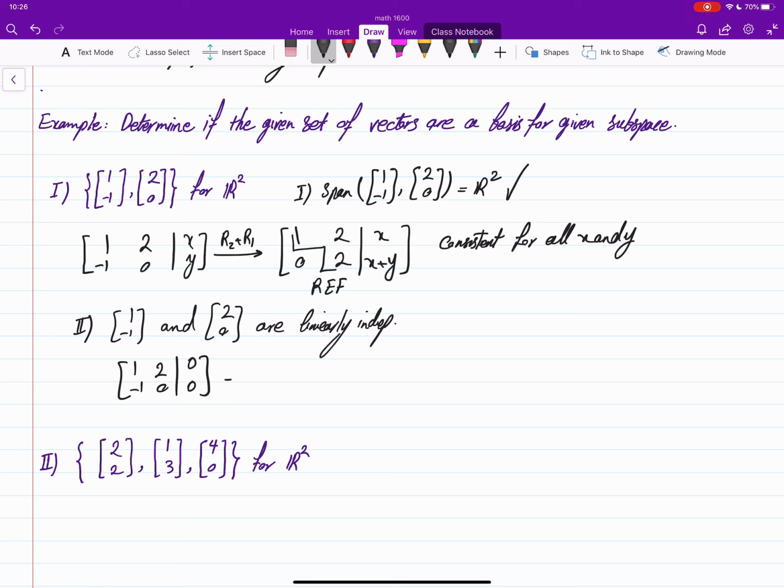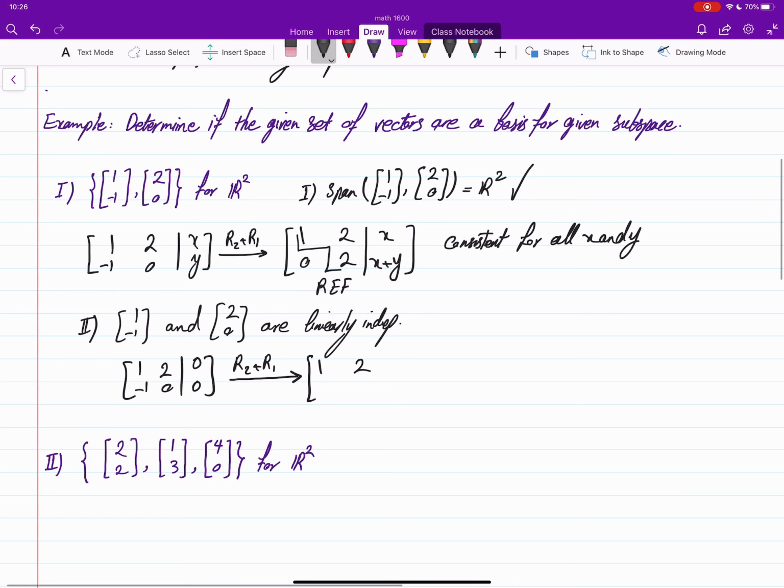Here we do the same work again. Actually, I could have said x equals 0, y equals 0. In this case, you see that this is 0, 0. We have 1 leading entry, 2 leading entries.